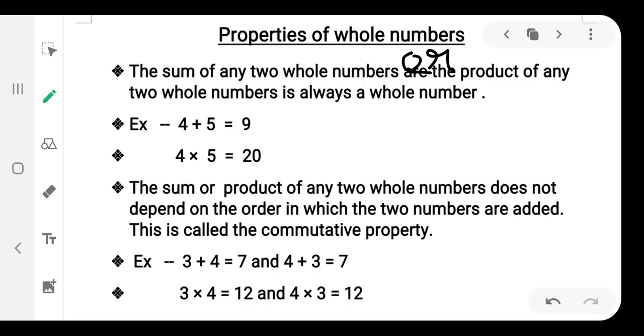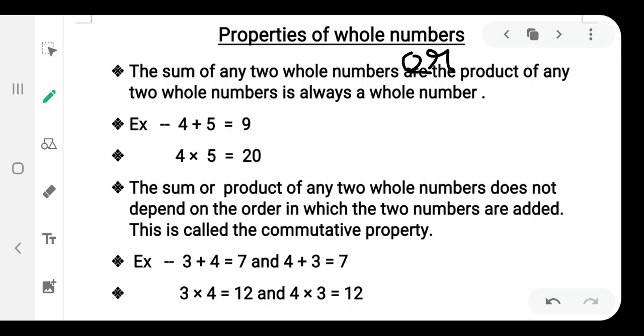The sum of any two whole numbers or the product of any two whole numbers is always a whole number. Means whatever numbers we are taking, if they are whole numbers and if we are adding two whole numbers together, we will get a whole number only.